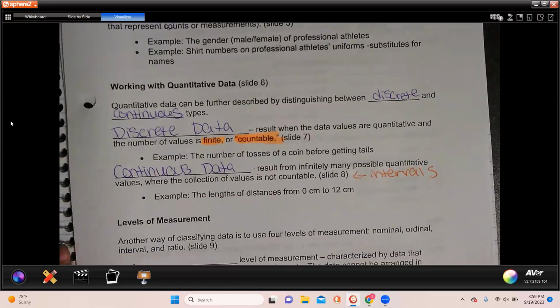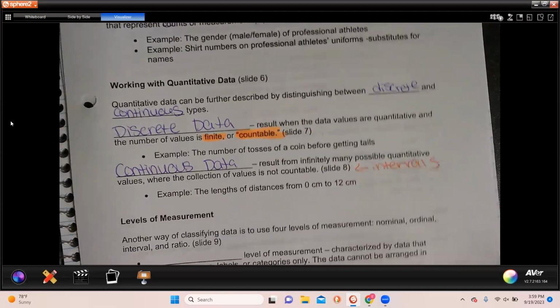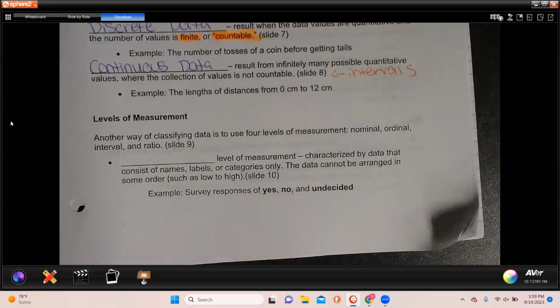So an example is a distance from 0 to 12. This could be 1 or 2 or 3 or 4, but it also could be 1.578 or 2.333333, or any other numbers that are between 0 and 12. Even something like the square root of 11, that would work. The square root of 11 is 3 point something.